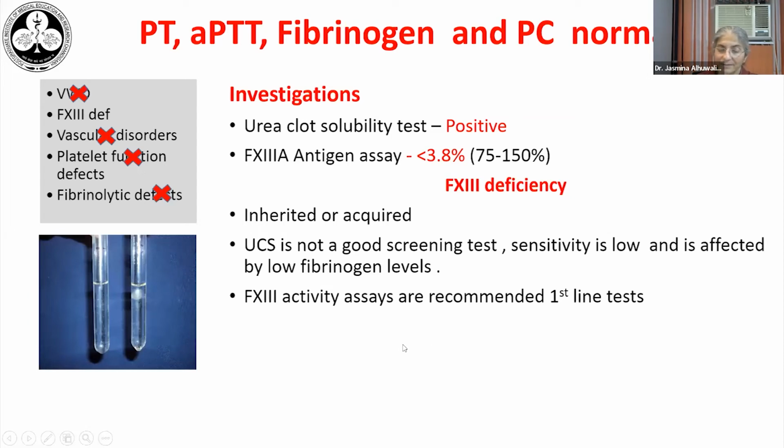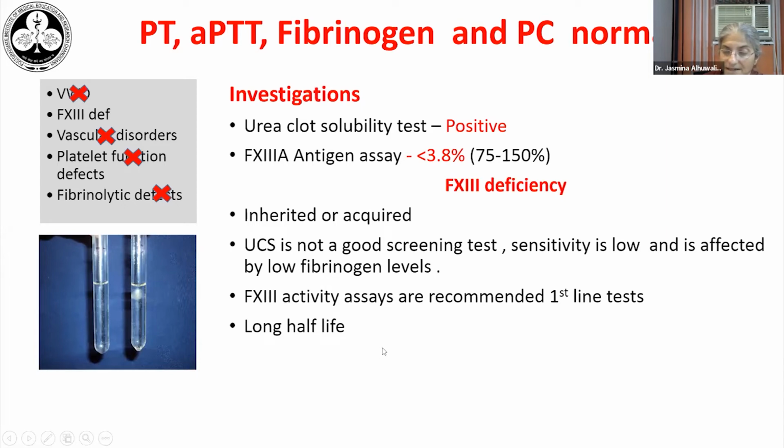This is easily said, but these tests are usually not easily available on our coagulation analyzers, except one odd test for this. So most of us rely on the factor 13 antigen to give us an idea about factor 13 deficiency. The other thing to remember about factor 13 deficiency is that factor 13 has a long half-life.